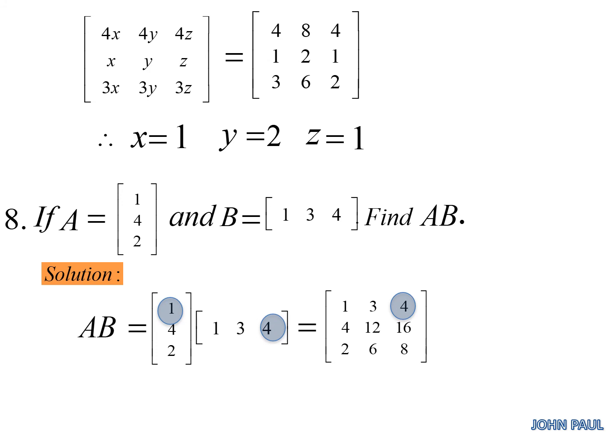Similarly, we'll do for other terms, that is 4 into 1, 4. 4 into 3, 12. 4 into 4, 16. 2 into 1, 2. 2 into 3, 6. 2 into 4, 8. So by multiplying, we get the values of order 3 by 3.